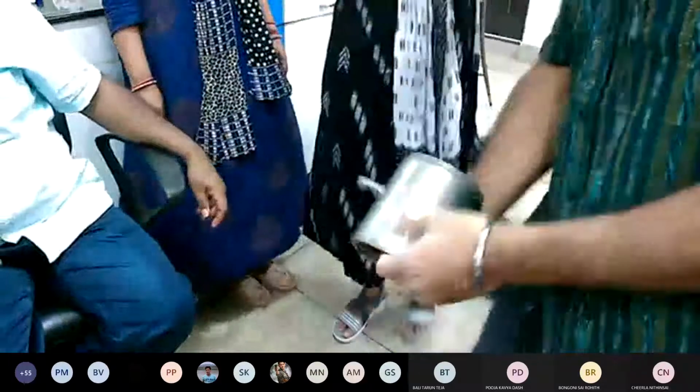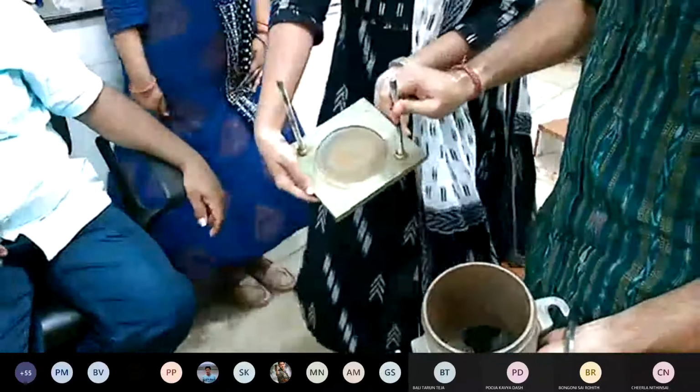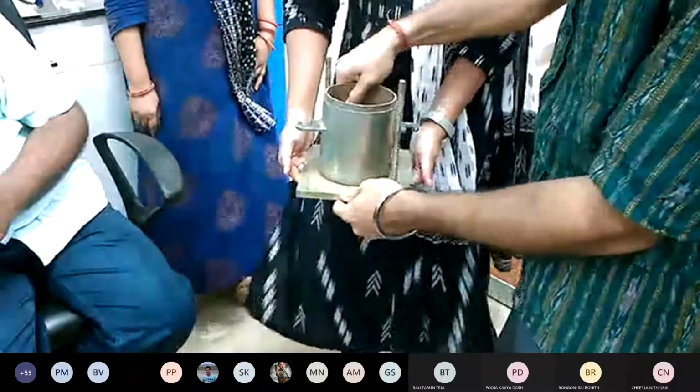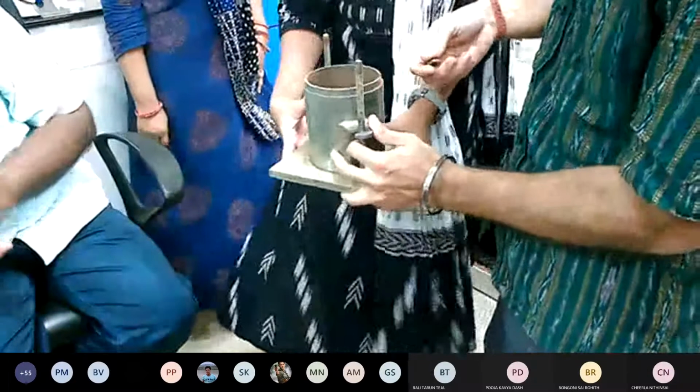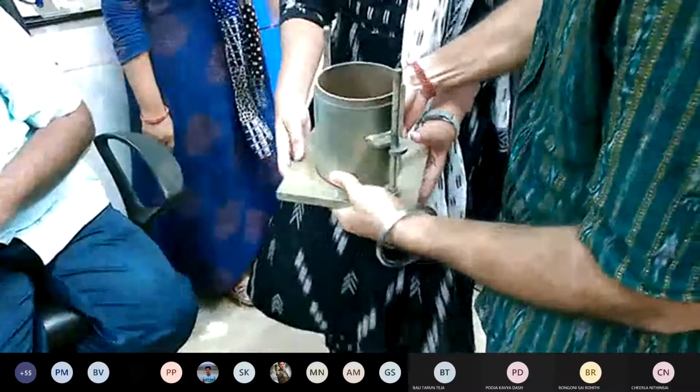You have to make notes also, no? So this is the mold, and as sir said, this is the bottom plate, the base plate. We will fix it and rotate it so that it gets fixed here, and then we need to put the collar on top of it.